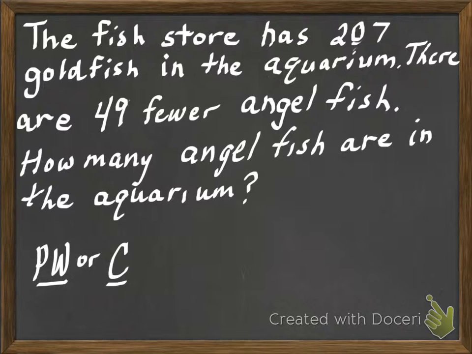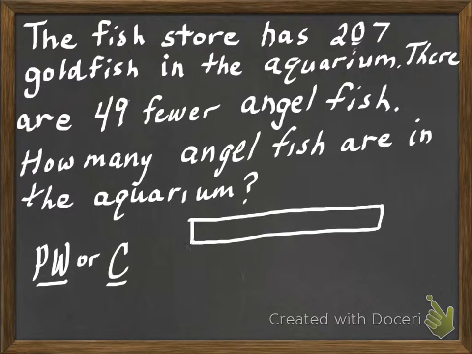Okay, well, you should have chosen comparison, and here's why. The fish store has 207 goldfish in the aquarium. So when you drew your bars, the first bar would look like this, and this would represent the goldfish. So my G for goldfish and my 207.